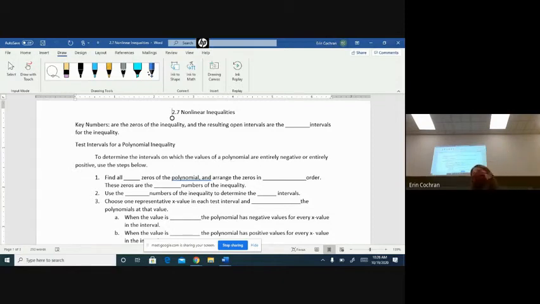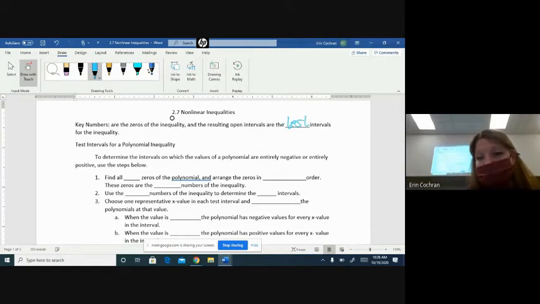If it's just less than or greater than, they're dashed or dotted lines. Now, key numbers are zeros of the inequality, and the resultant open intervals are the test intervals, which will be important for us. We need to know test intervals.